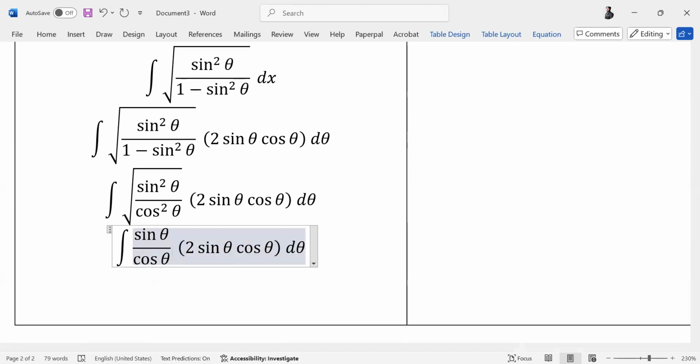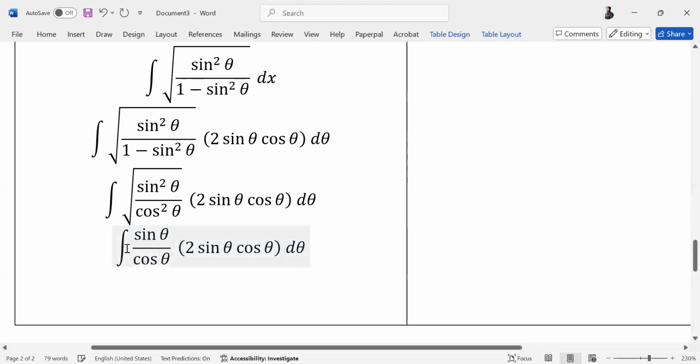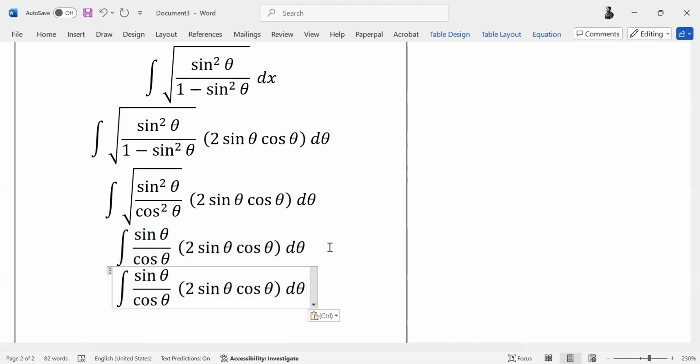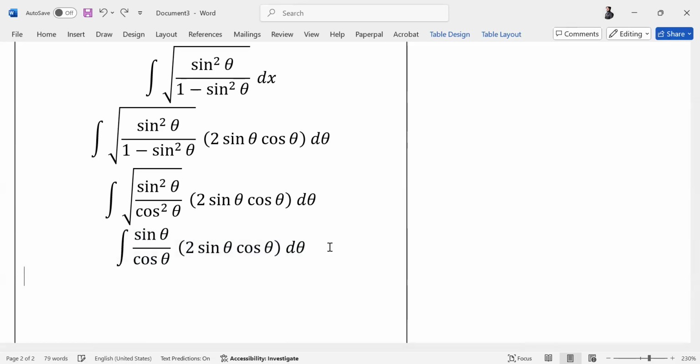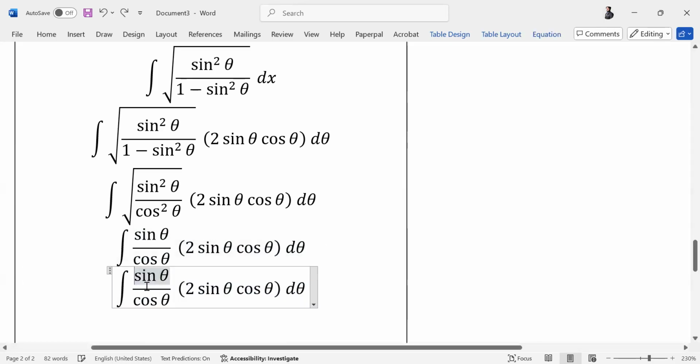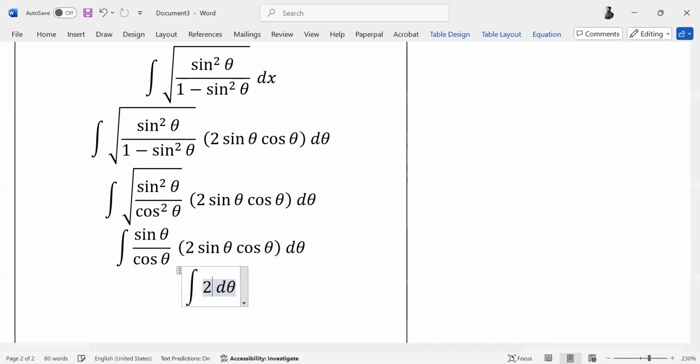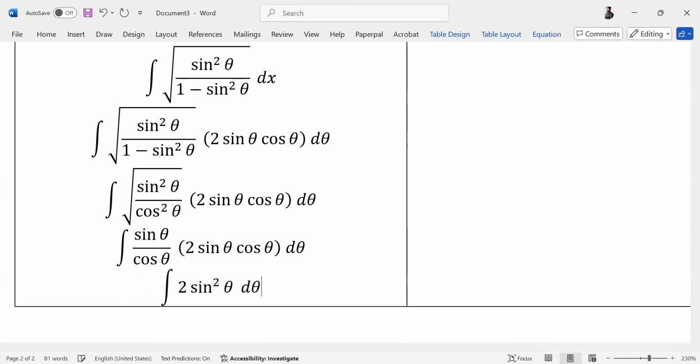Isn't that right? Now the cos theta and the cos theta cancelled out. So I end up getting 2 sine square theta. Is this clear?